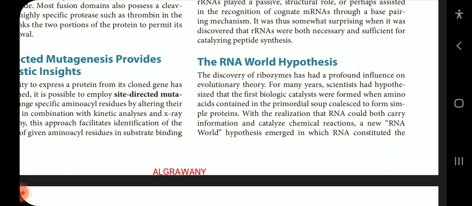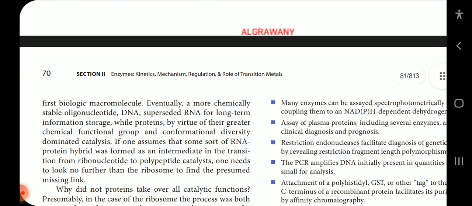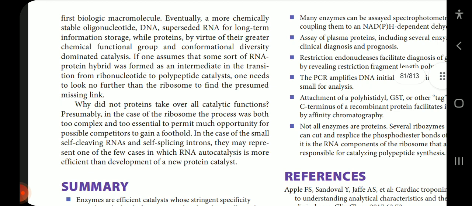The RNA world hypothesis. The discovery of ribozymes has had a profound influence on evolutionary theory. For many years, scientists had hypothesized that the first biological catalysts were formed when amino acids contained within the primordial soup coalesced to form simple proteins. With the realization that RNA could both carry information and catalyze chemical reactions, a new RNA world hypothesis emerged in which RNA constituted the first biological macromolecule.